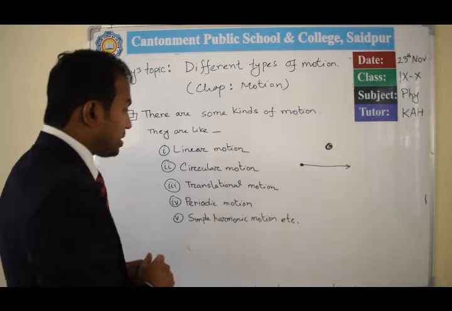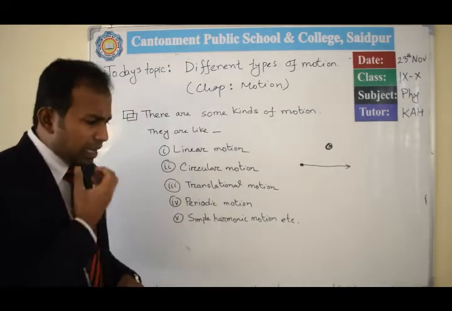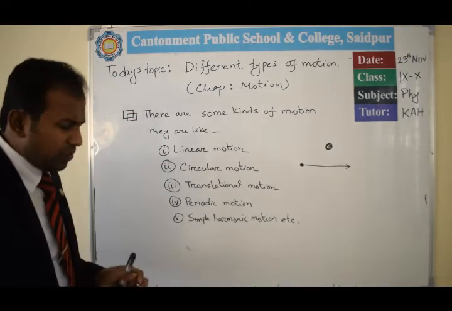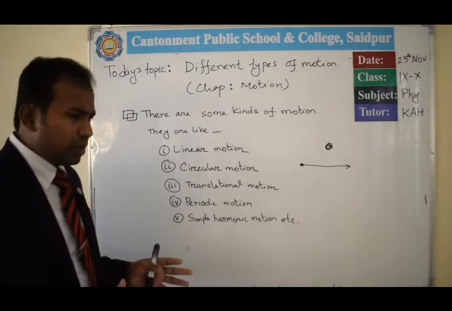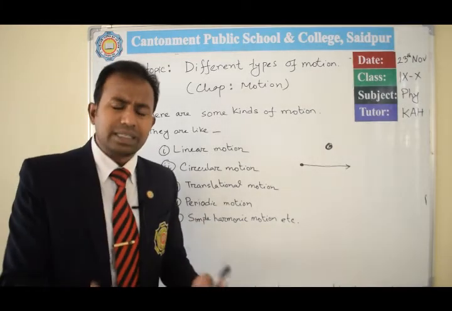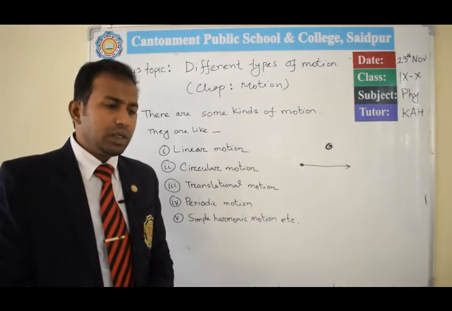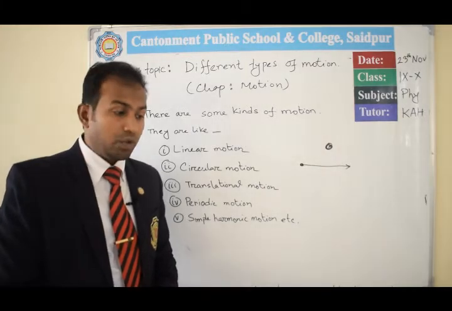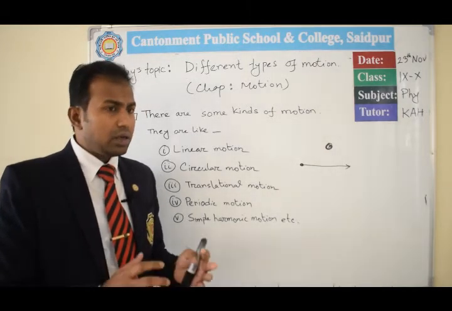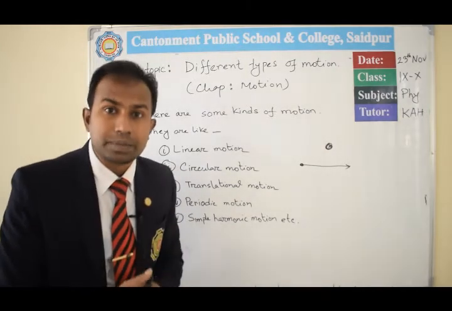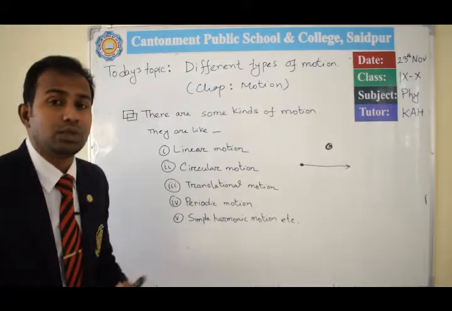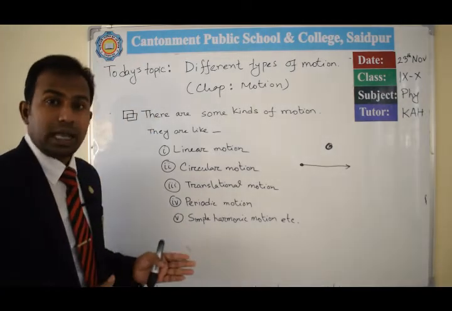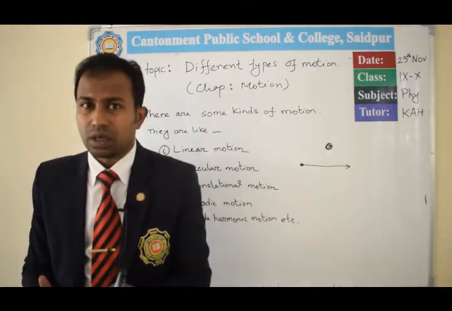Now translational motion. To discuss it, we have to learn about motion where things move like a robot. What does a robot do? The robot walks and suddenly it changes position.